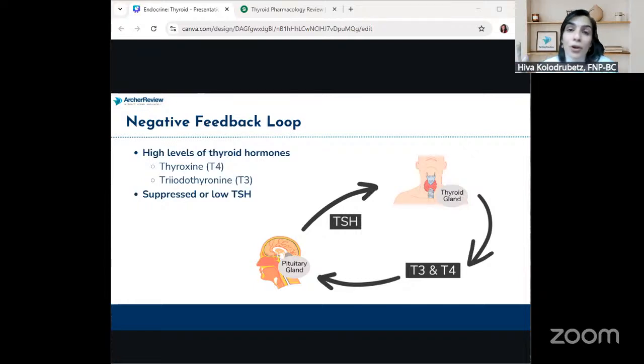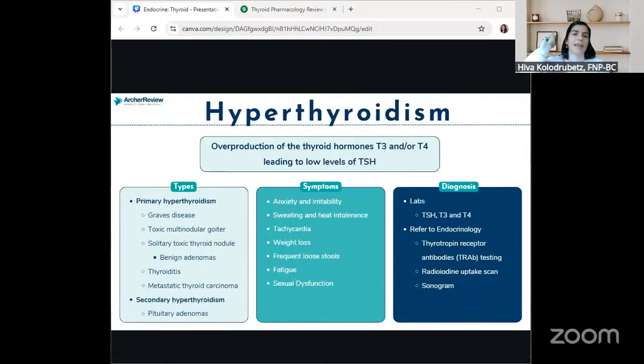In hyperthyroidism, when there's a lot of thyroid hormone, so there's an excessive amount of T4 and T3, what ends up happening is we get suppressed or low levels of TSH because the brain is seeing all of that in the bloodstream and saying, hey, thyroid gland, we do not need to stimulate you. You need to cool it. So the thyroid stimulating hormone levels are going to be low or suppressed. So again, with hyperthyroidism, it's that overproduction of the thyroid hormone leading to low levels of TSH.